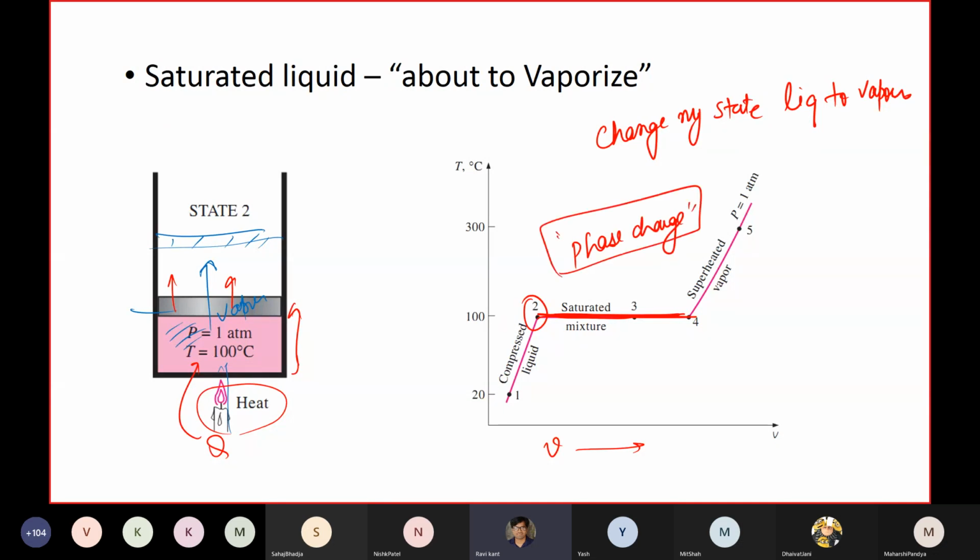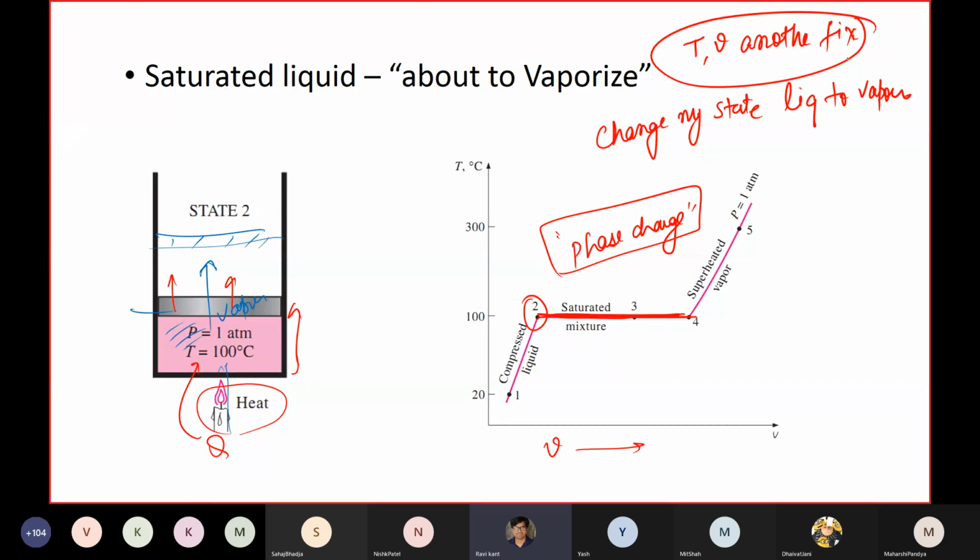In this phase change, not only do we need temperature or volume, but we need another variable to fix the state properly. Why? Because temperature and pressure are no more independent properties, they are dependent. I'll tell you in later slides why, but you need another variable to fix it.